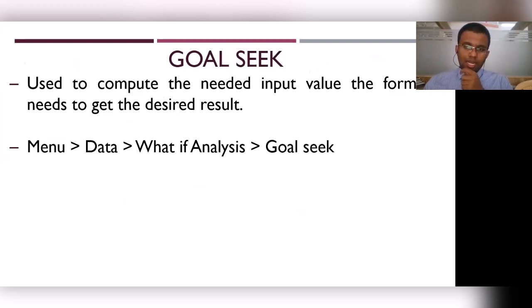We know that our result has to be 4, but what should we add along with 2 to get the total answer as 4? We would use the functionality of goal seek to understand what our input value should be to get a desired result.